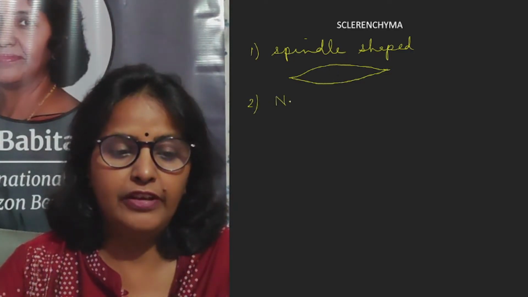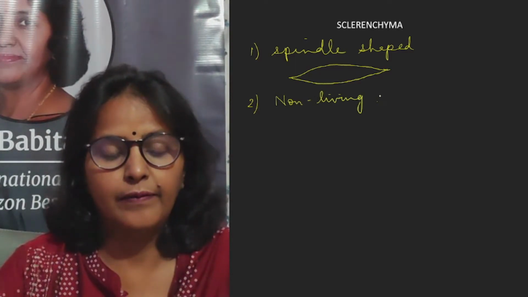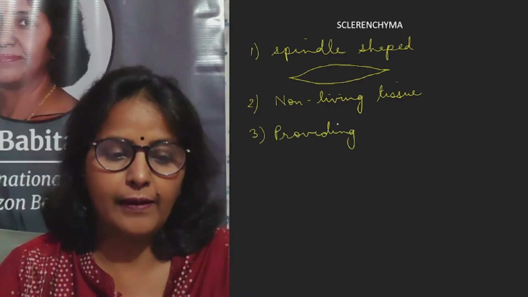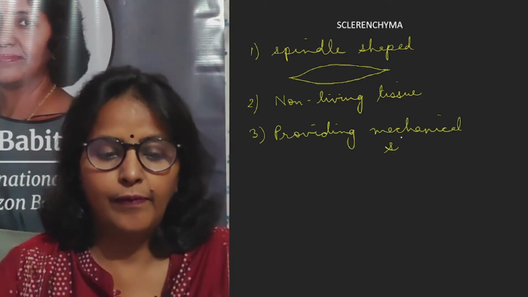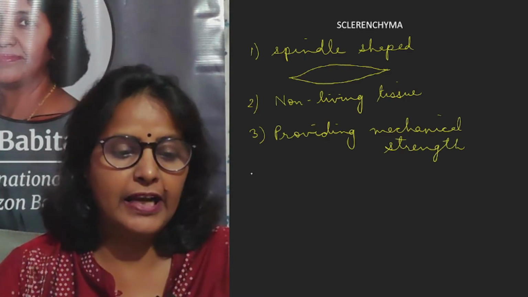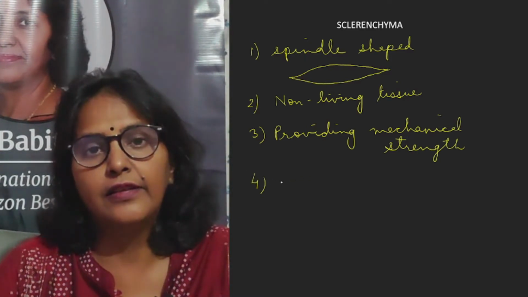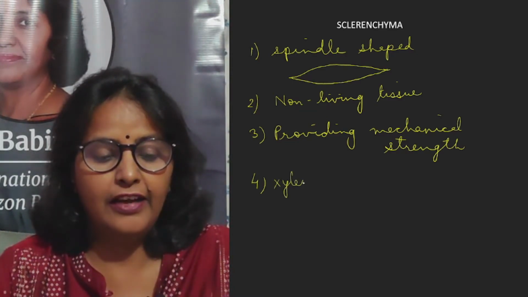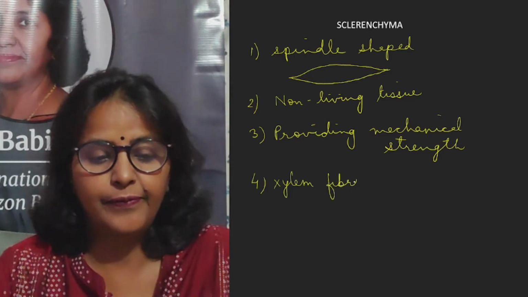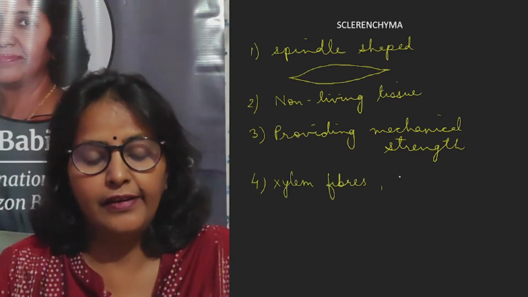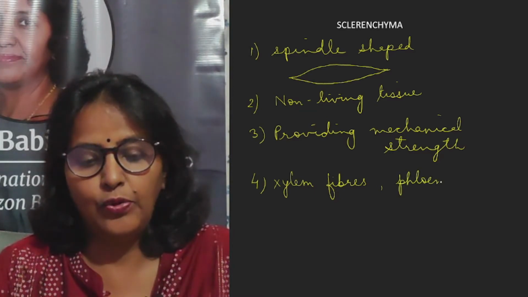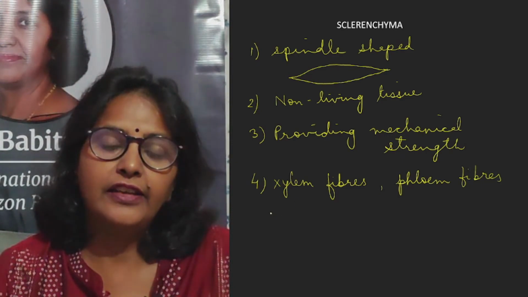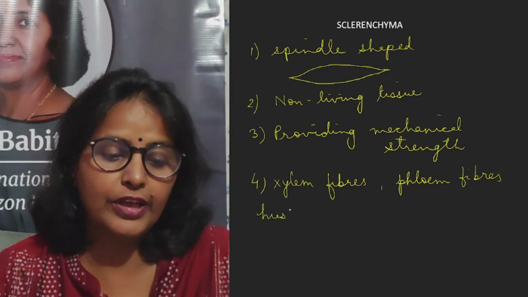It is non-living tissue, providing mechanical strength, and where is it located? It is located in xylem and it is known as xylem fibers. It is located in phloem, known as phloem fibers, and it is located in husk of coconut.